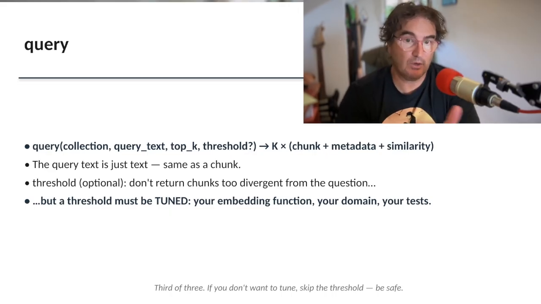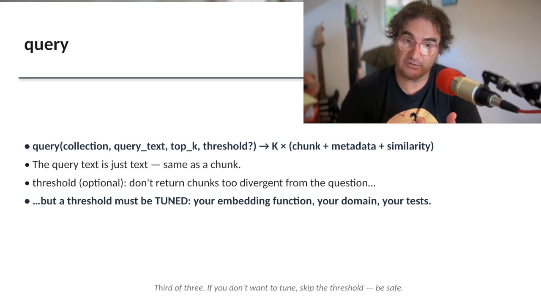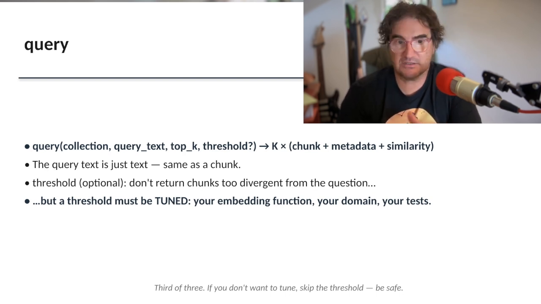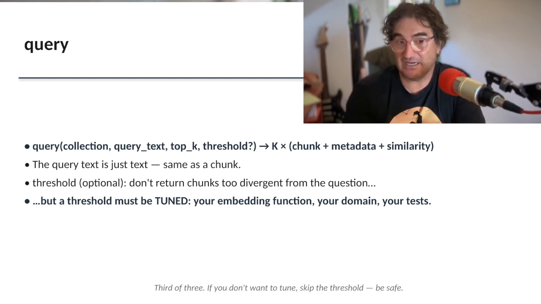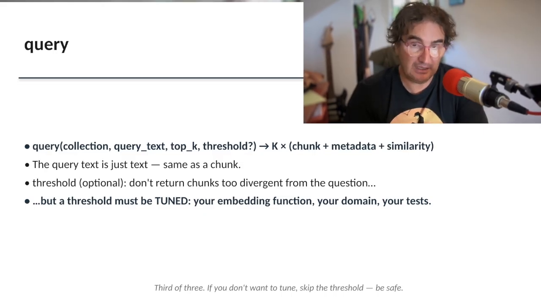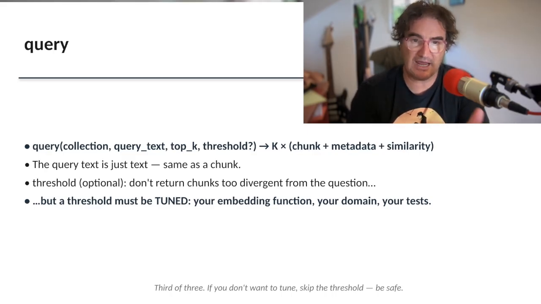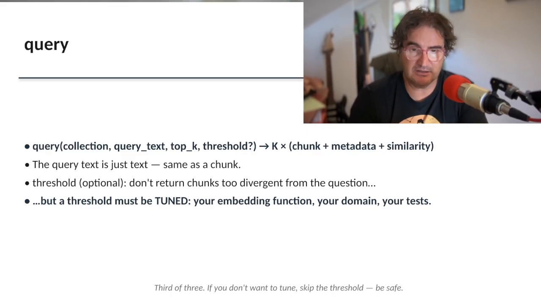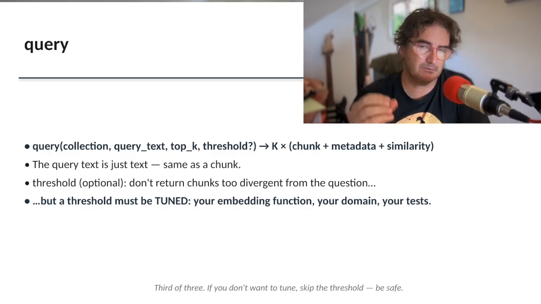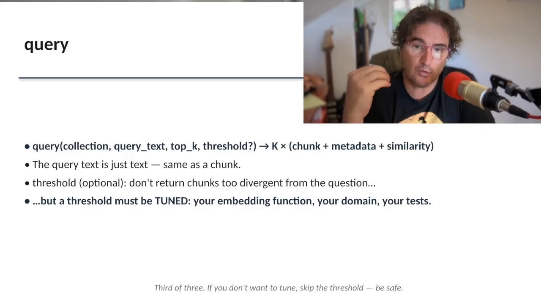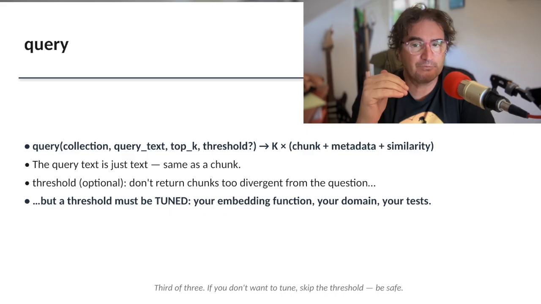the query. So we have the collection, the text of the query, which can be the same text as a chunk, and then the top K. And we can optionally put a threshold. For instance, if something is really divergent from what we are asking, don't return any message. And if we are going to work with thresholds, then we have to tune it.